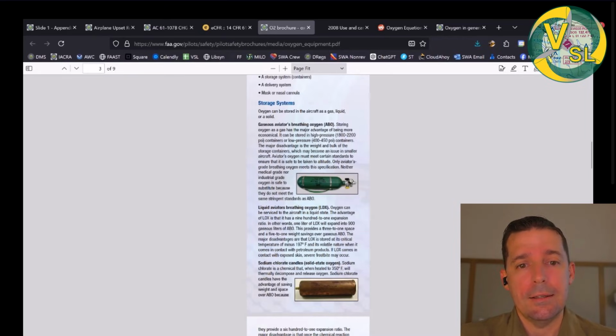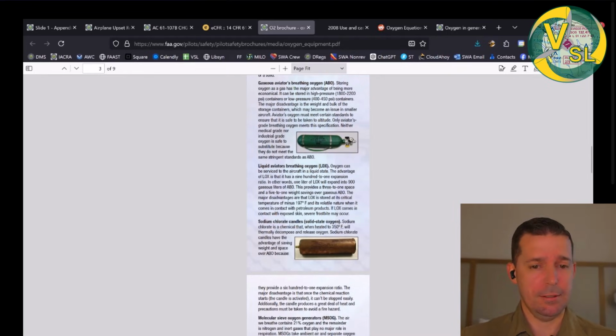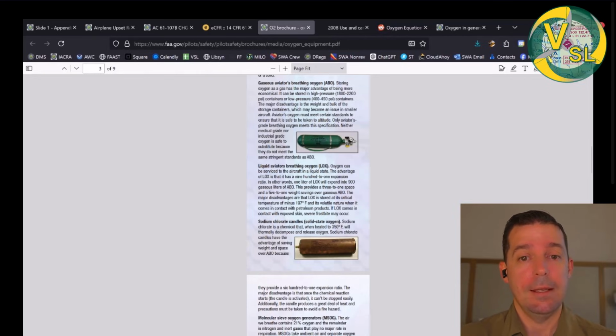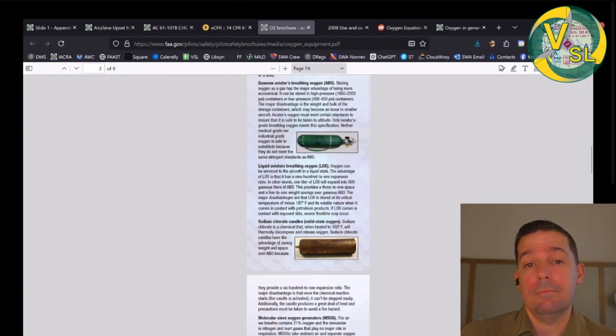We've got gaseous aviator's breathing oxygen, or ABO. So this is our oxygen as a gas, and this is the most common one, and it's going to be a bottle with compressed oxygen, and it's going to be aviator's oxygen here. And it can be high pressure vessels like 1800 to 2200 psi, or it can be low pressure.